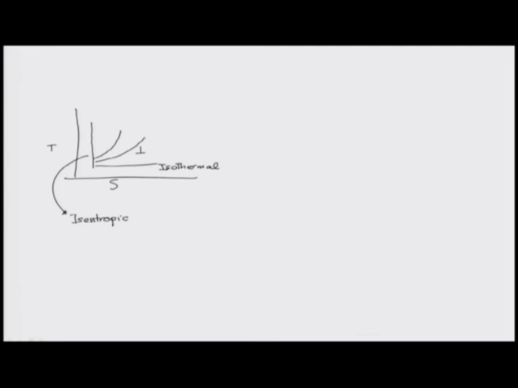So, this will be the isobar and this will be the isochor. That is what I have discussed based on the argument I have given previously.